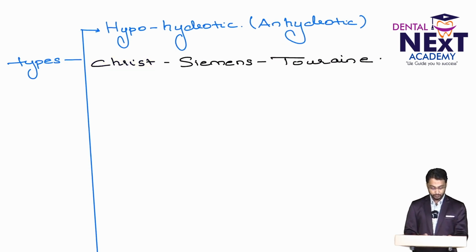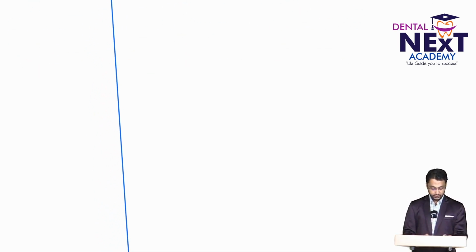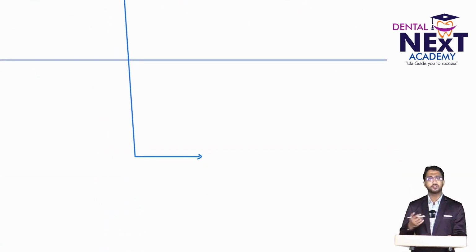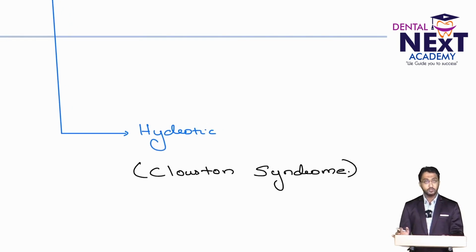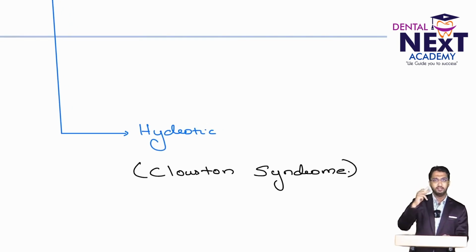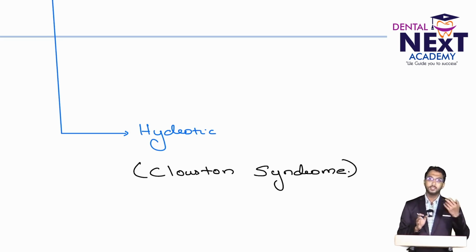There is one more type which is hidrotic, which means there is sweating; the sweat glands are not affected majorly. That also has another name, the Clouston syndrome. So the first one is Christ-Siemens-Touraine and this is Clouston, that is anhidrotic and hidrotic. Don't get confused. You learn one, the other is the opposite.